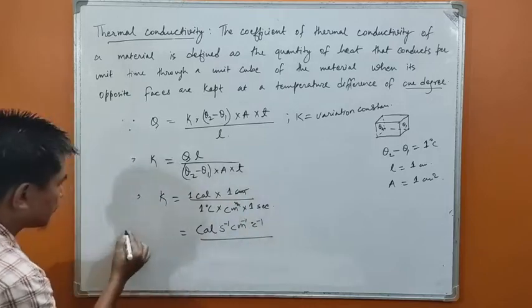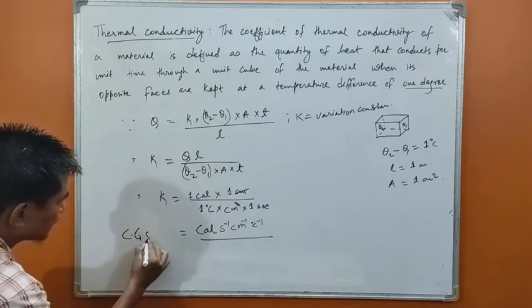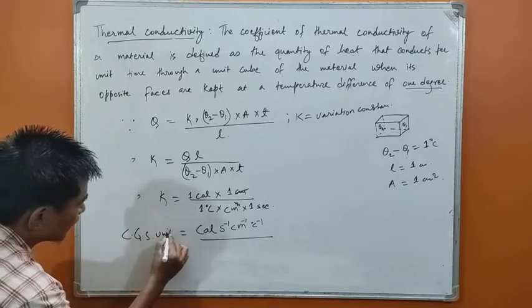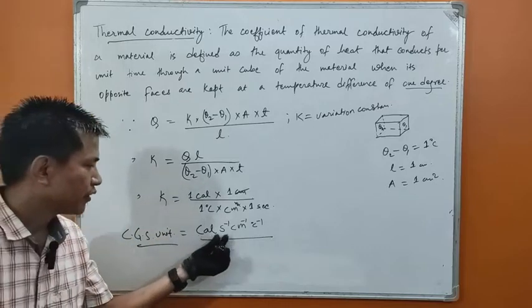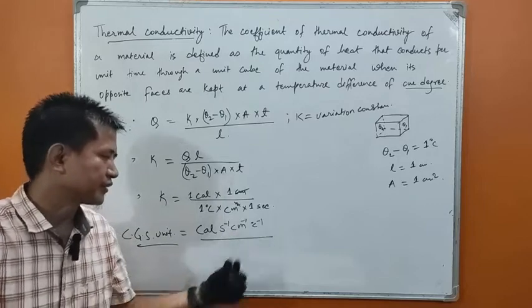This is the CGS unit of K: calorie per second per centimeter per degree Celsius.